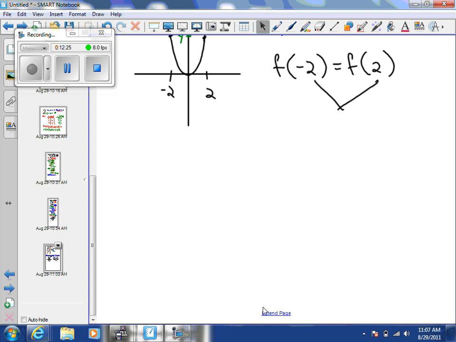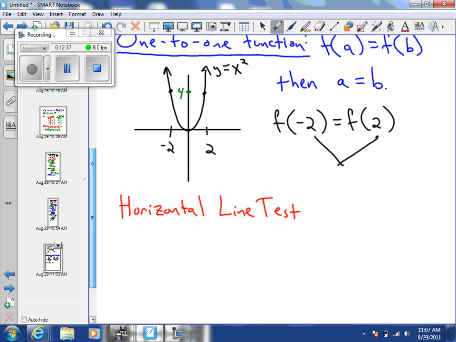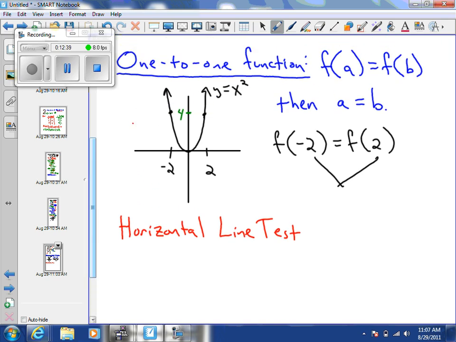The nice thing is, we can tell by looking at a graph very easily if a function is one-to-one, because we have something called the horizontal line test. Basically, for a function to be one-to-one, a horizontal line cannot touch the graph in more than one place.